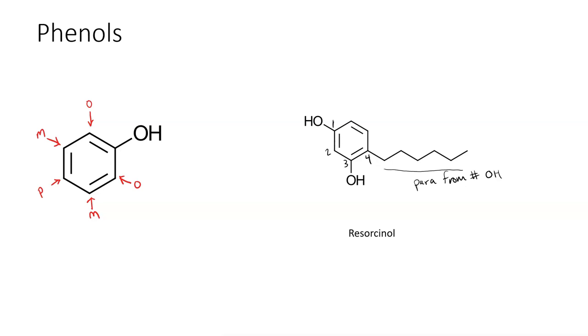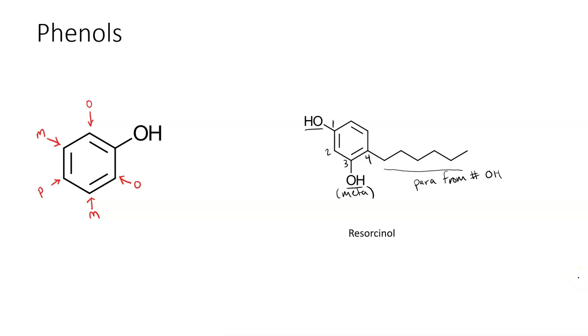The second alcohol is at the meta position from the number 1 alcohol. This numbering system also gives us the lowest numbers on our substituent groups, and since alcohols are a priority group, those would get named first before our alkane side chain.